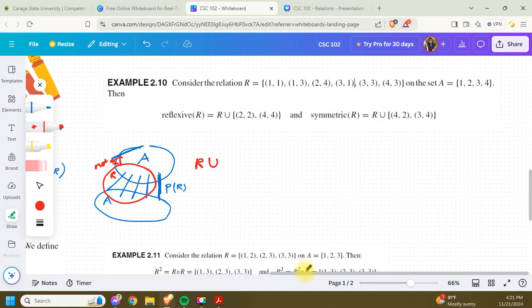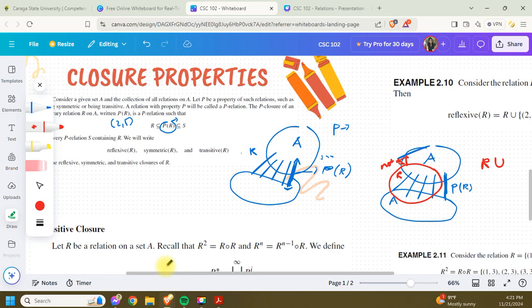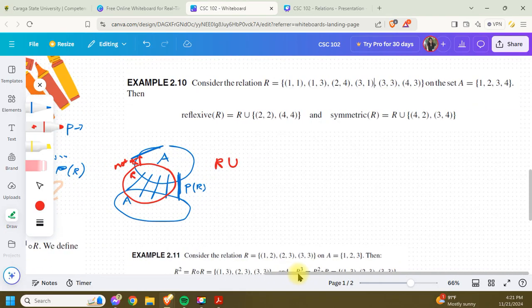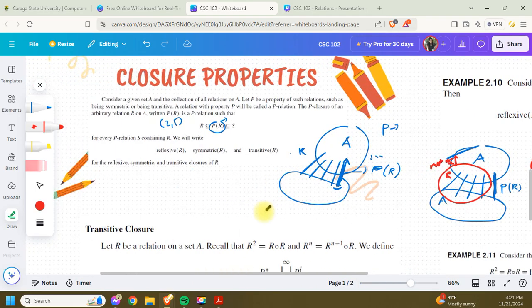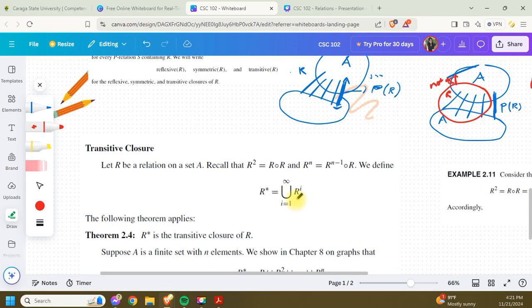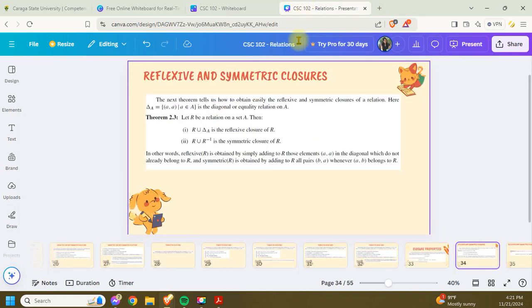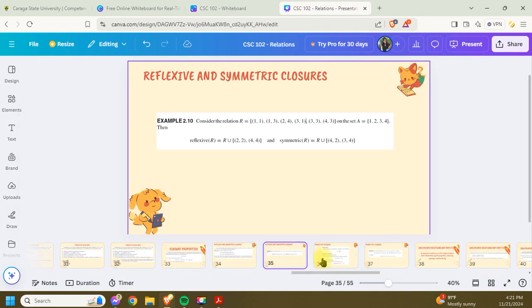So that's what you call closure. Alright. So, that's the definition of closure.